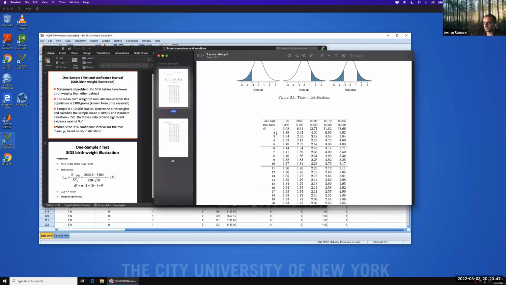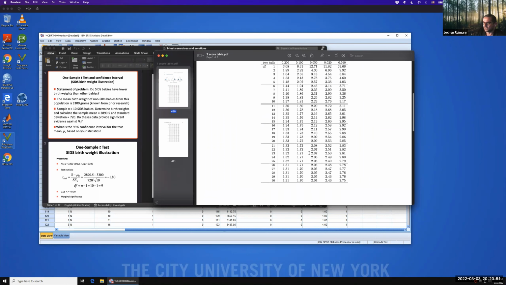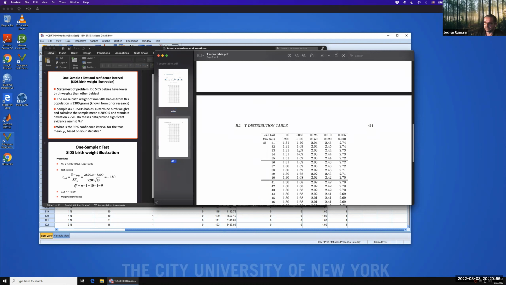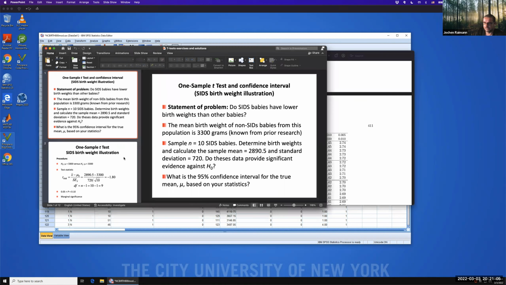So you will need to find the t-score that you are interested in. And that is different from the sample size that we used for the z-score. The degrees of freedom are always n-1. So that's your n-1, and that essentially gets you to your degrees of freedom.